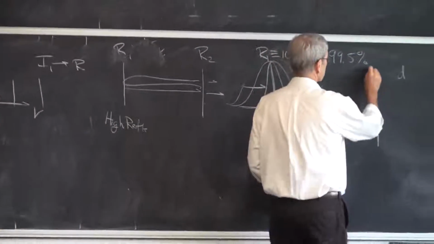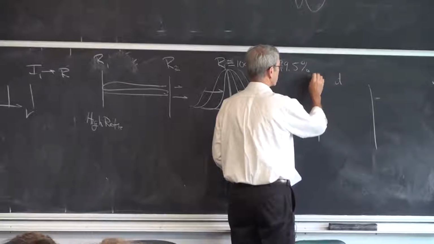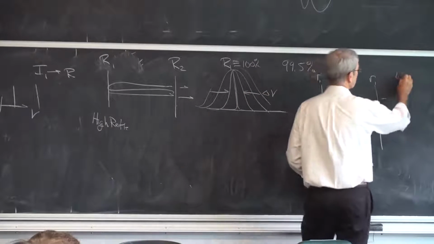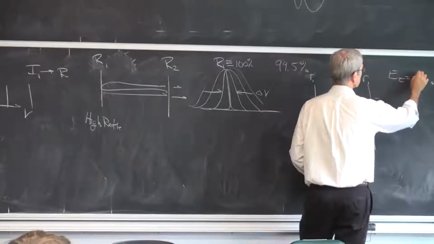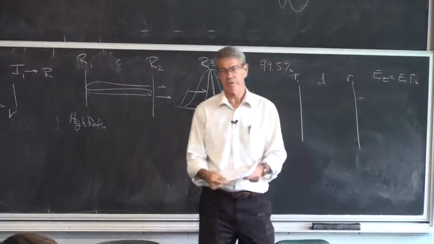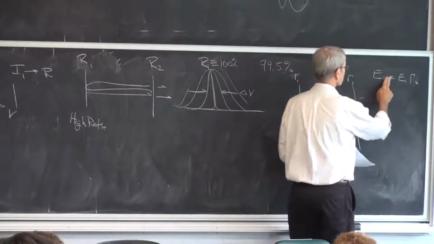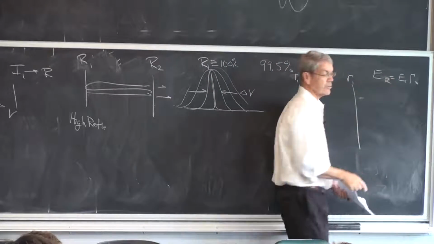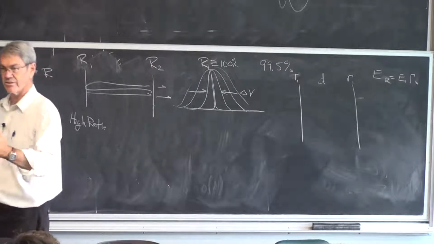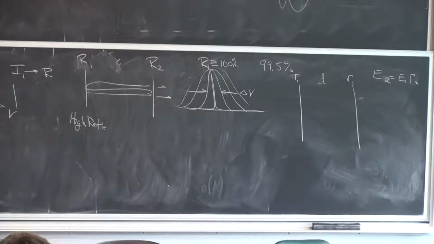So we're going to define this as gamma 1 and gamma 2. Here you've got E reflected equals E incident times gamma. So gamma is my reflection for the electric field, not the intensity. If you square it, it's the intensity reflection.